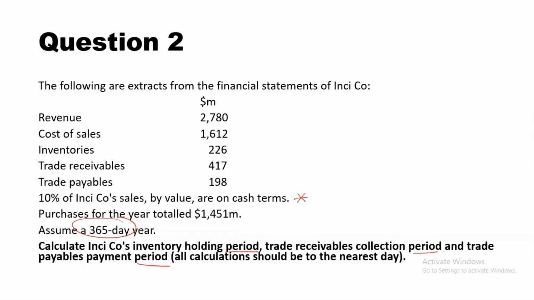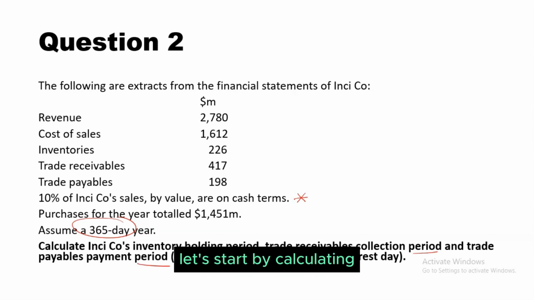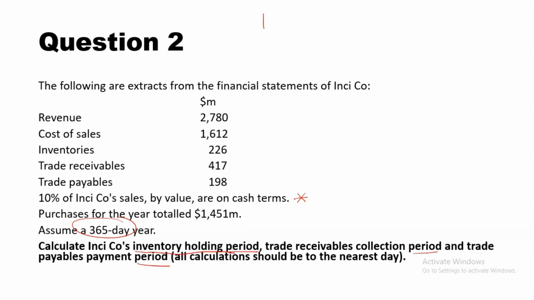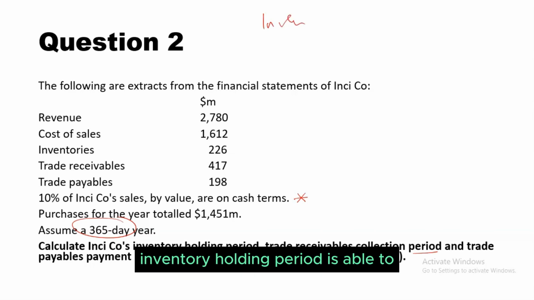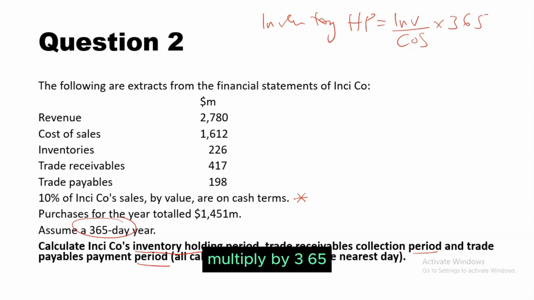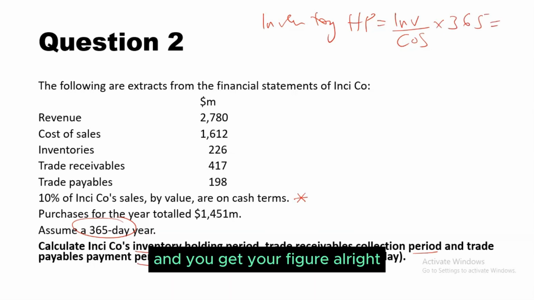Now, let's start by calculating the inventory holding period. So inventory holding period is equal to the inventory itself divided by the cost of sales multiplied by 365, and you get your figure.